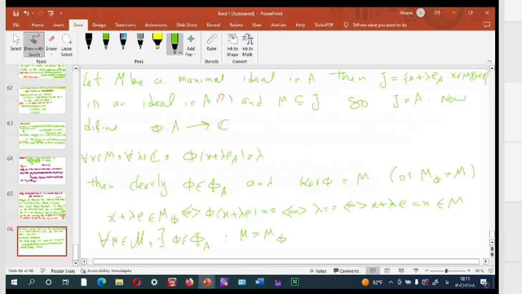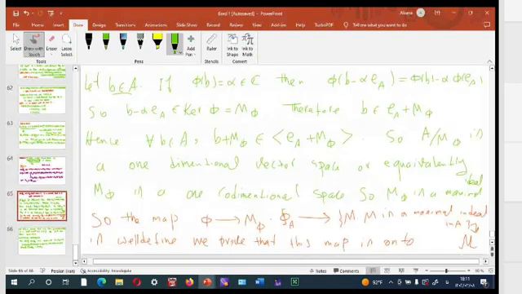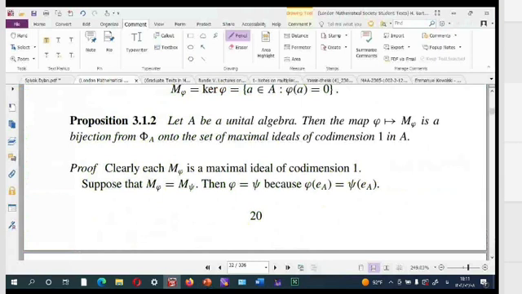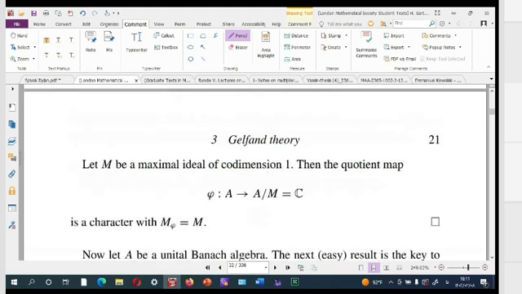Also, we have a one to one and onto function from Φ(A) to this maximal ideal space. And this is very important, that the maximal ideal space equals the set of all multiplicative functionals from A to C.